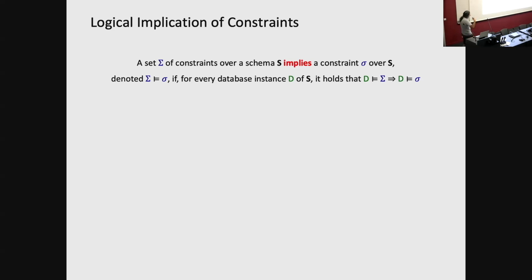So all the databases that satisfy the set of constraints satisfy also the single constraint. Is that clear what I'm saying?